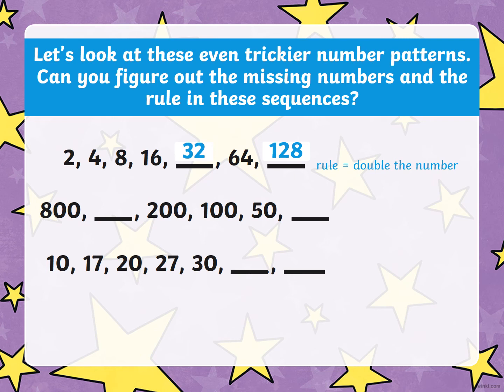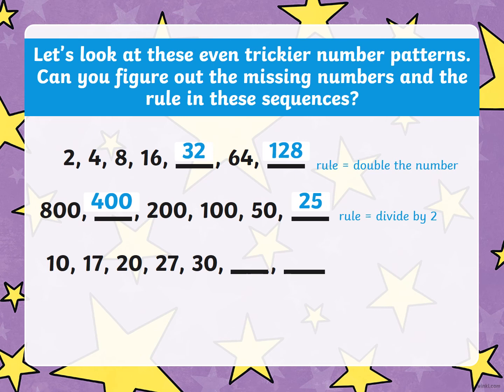What would we subtract to get from 100 to 50? That would be 50. 50 is half of 100. And that's why 4 and 25 are the missing numbers, because each time you half or divide by 2. So half of 800 is 400, half of 400 is 200, and you keep halving as you go along.